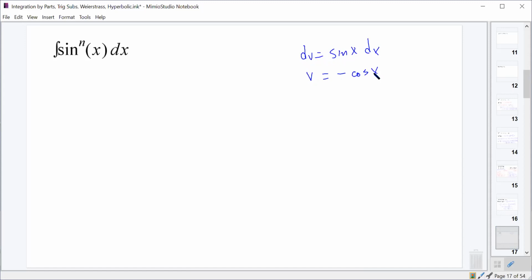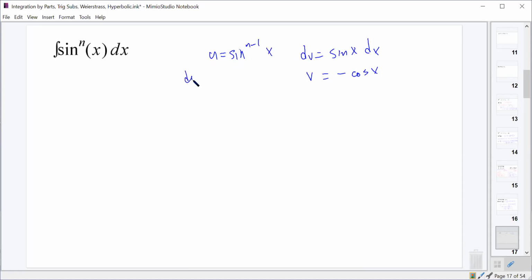All right, so if that's my dv, what's my u need to be then? What's left of this if I've taken out one of the sines and the dx? Sine to the n minus 1 of x.